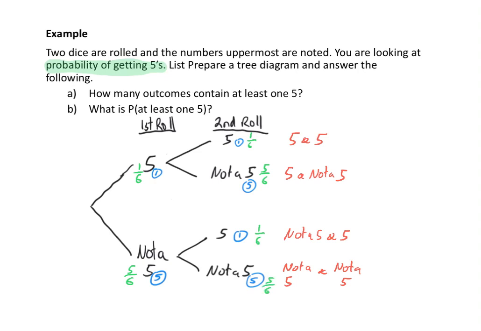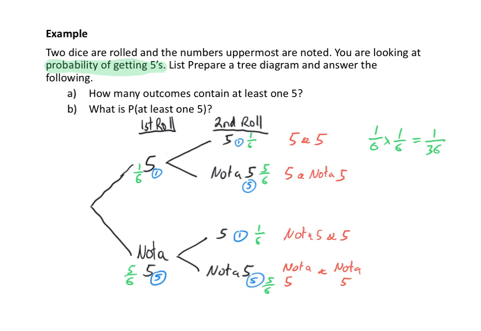So now I want to work out the probability of each of those occurring, and I do that by multiplying the probability from the first and the second step. So the probability of getting a 5 and a 5 is going to be 1 over 6 times 1 over 6, which is equal to 1 over 36, because I multiply my numerator and my denominator.